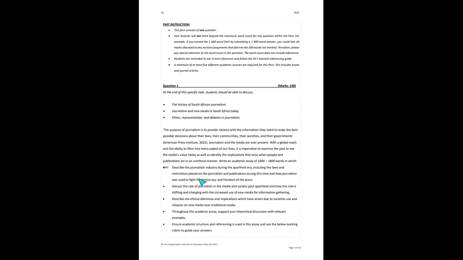Then what you do after that is you write what we call a thesis statement, where you state what the essay will be about. So in this instance, the following essay will discuss X, Y, and Z, or the following essay will discuss this, and specific attention will be placed on this, this, and this.